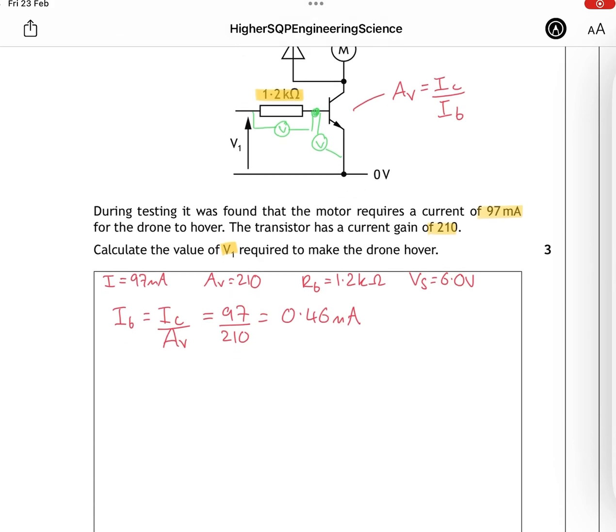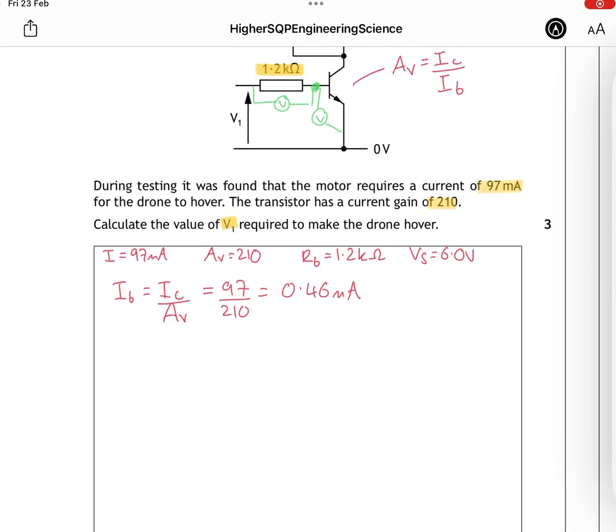So looking at that now, my voltage is always equal to I times R. You'll remember that is Ohm's law, it's always true. And so my voltage over the resistor has to be equal to the current at the base, because the current at the base of the transistor and the current through the resistor are going to be the same, times by the value of the actual resistance.